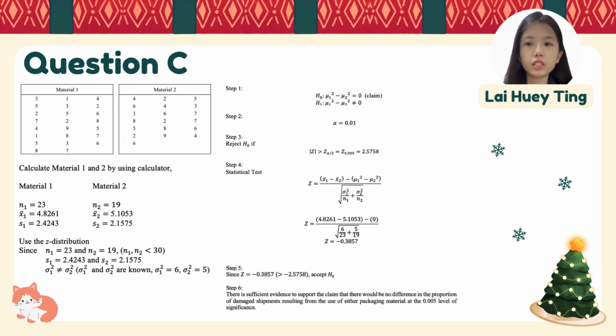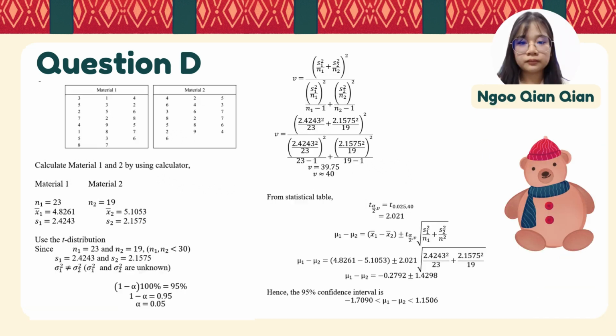Since the Z value is greater than minus 2.5758, we will fail to reject H0. Therefore, there is sufficient evidence to support the claim that there is no significant difference in the proportion of damaged shipments resulting from the use of either packaging material at the 0.01 significance level.